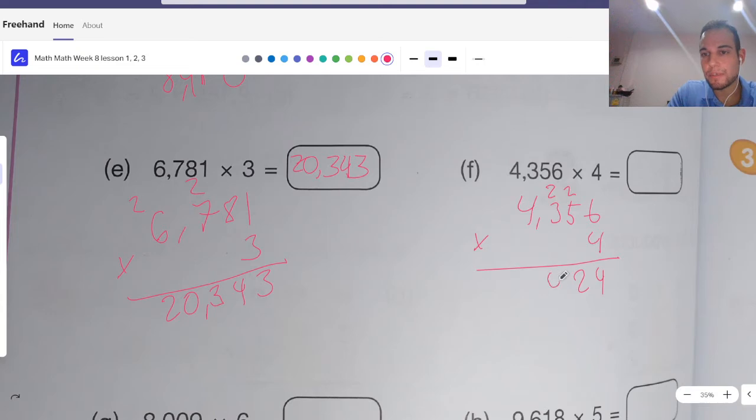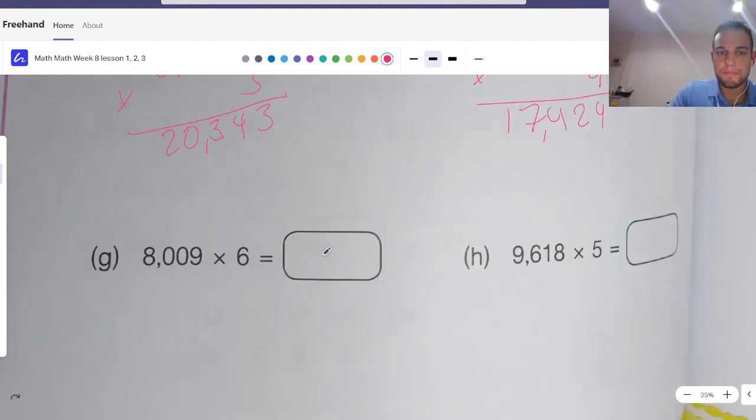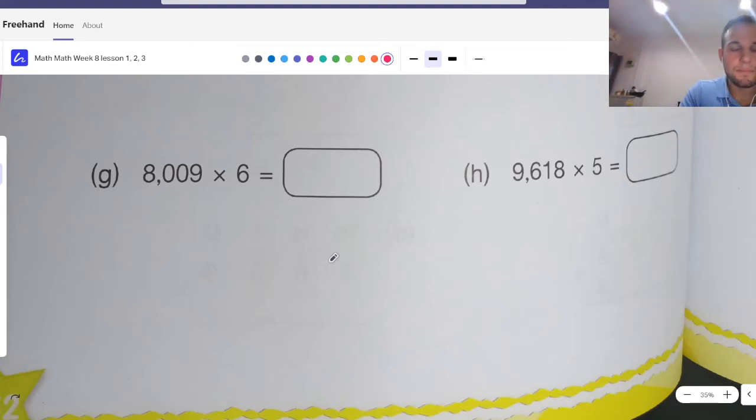Plus 2 is 14. 4 times 4 is 16. Plus 1 is 17. So our answer is 17,424.